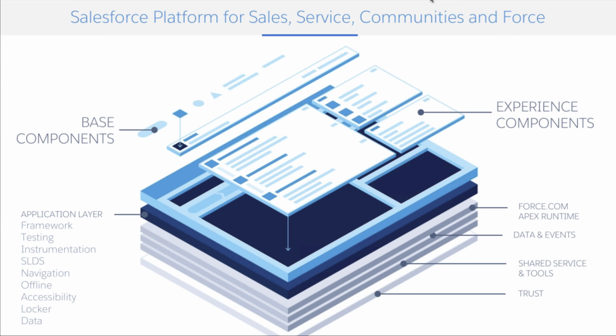So let's get started. In Lightning and the Lightning platform, you really have a lot of what you've grown to know over the course of the years, right? You understand that there's this trusted infrastructure at the very bottom. And then you have a bunch of shared services and tools and data and event services, as well as a bunch of the Force.com platform services that you've grown to love over the course of understanding Salesforce.